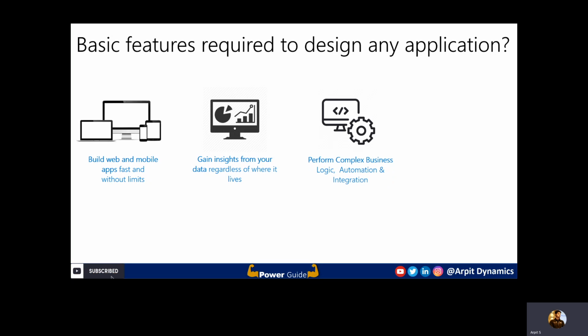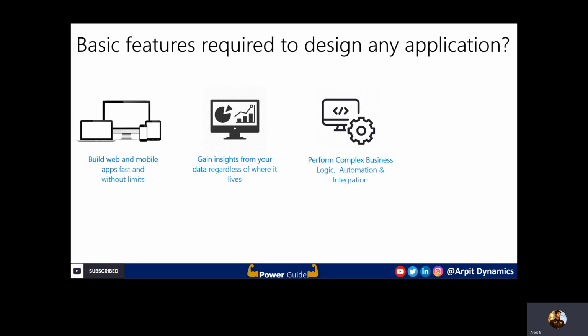The third thing is complex business logic, because if you're building any application, you need some sort of logic that you perform based on a trigger, a manual trigger, or on an on-demand basis. And you also need to do automation and integrations as well. Nowadays, when we talk about digital transformation, all the applications you are building, and all the marketing applications you're using, are expected to integrate with social media channels, whether it's Facebook, Twitter, LinkedIn, or any other social media channel.